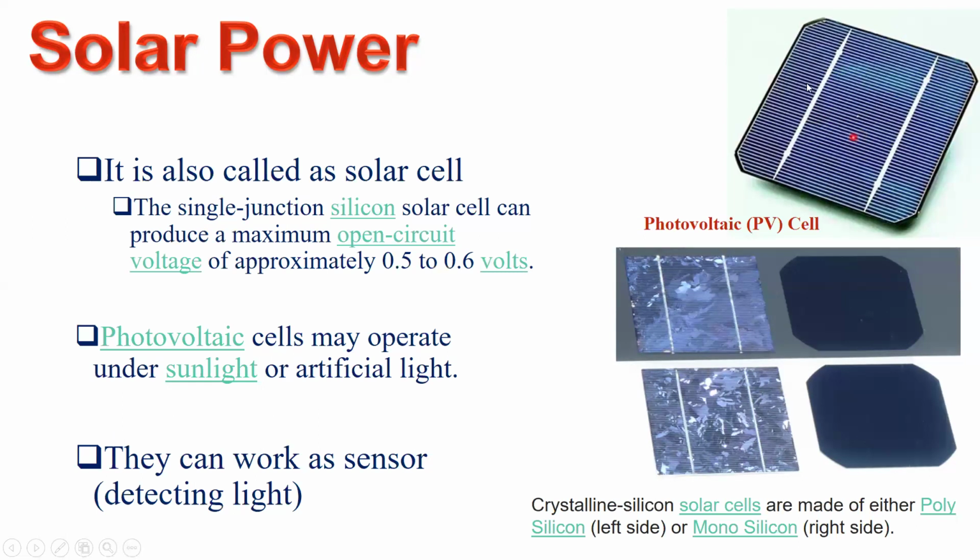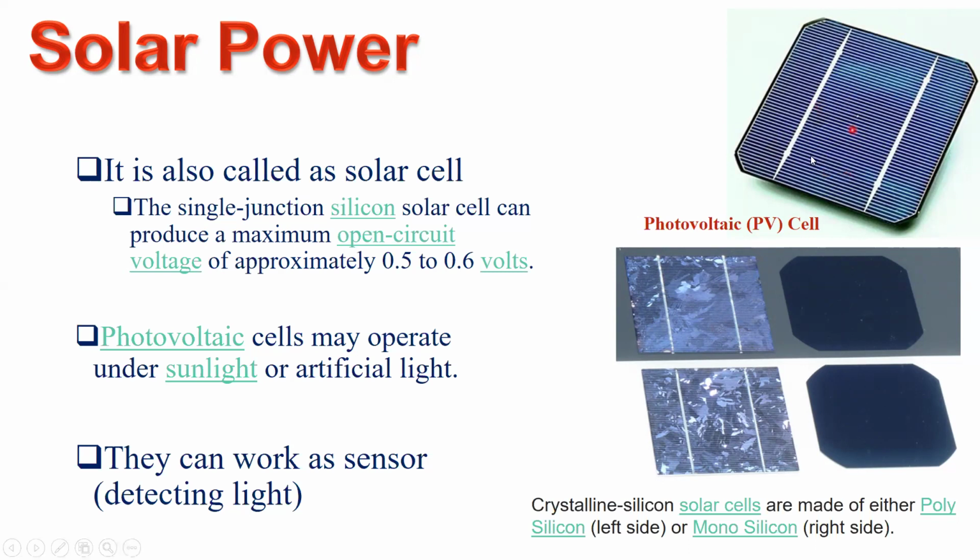I repeat again, this solar cell unit is a silicon semiconductor PN junction that is able to produce a maximum open circuit voltage across its two electrodes, top and bottom, of about 0.5 to 0.6 volts.